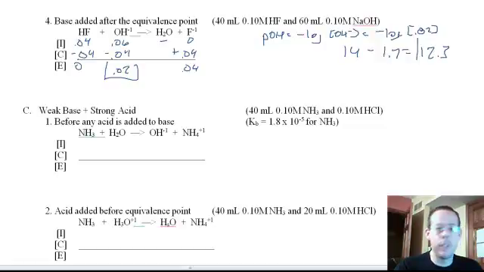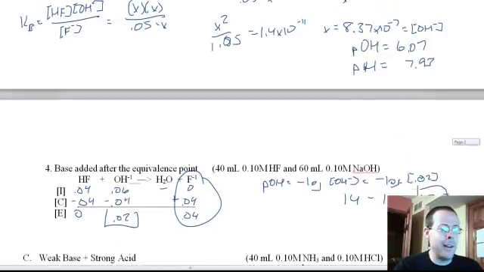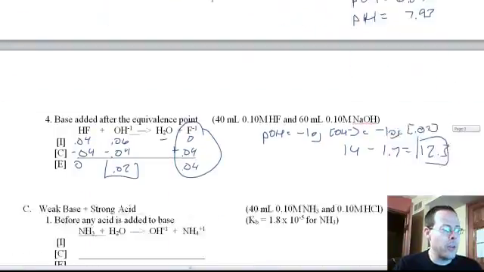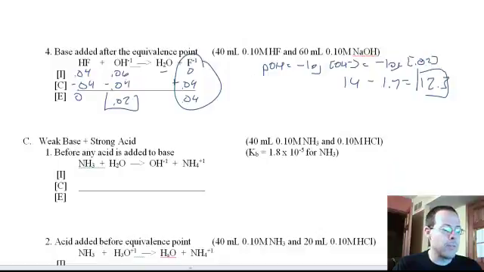So after the equivalence point, we're going to disregard the hydrolysis of this because its value is going to be very small compared to 0.02. We'll get a value probably somewhere in the neighborhood of what we got up here, 8.3 times 10 to the negative 7th, which is negligible compared to the 0.02 molar OH we have of just leftover strong base.